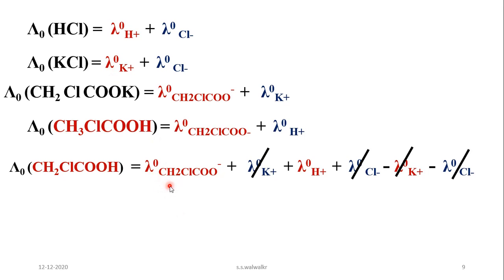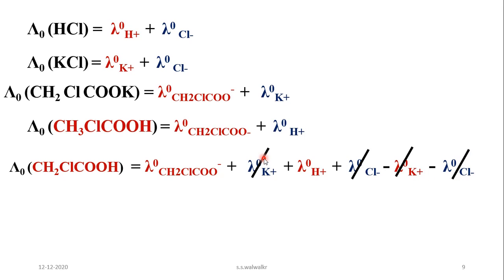So lambda 0 of monochloroacetate ion plus lambda 0 of potassium ion plus lambda 0 of H ion plus lambda 0 of Cl ion, minus lambda 0 of K ion minus lambda 0 of Cl ion.